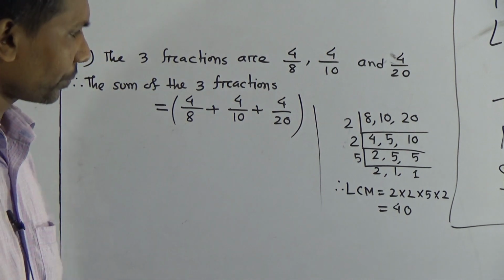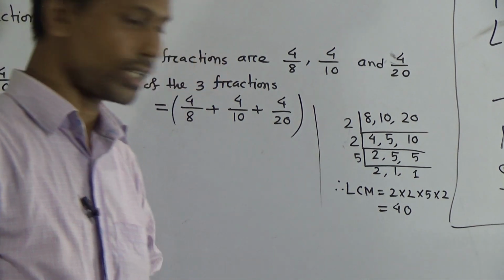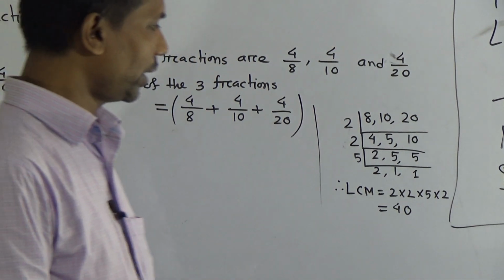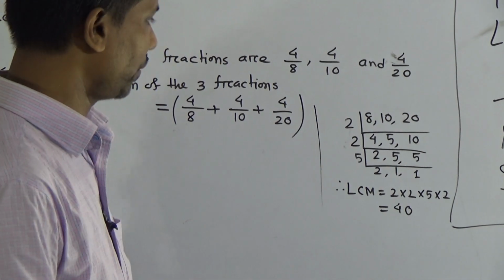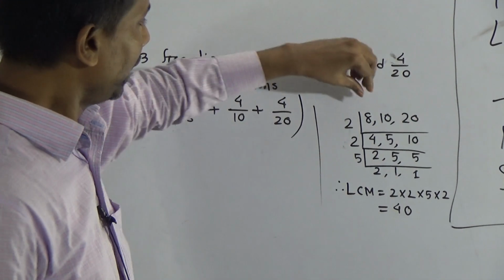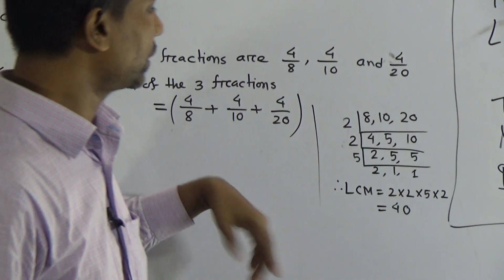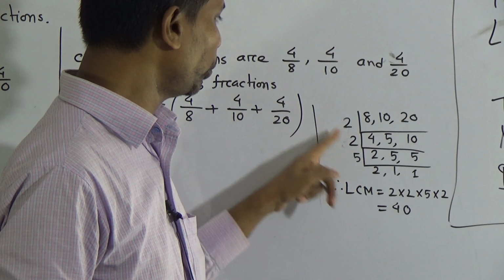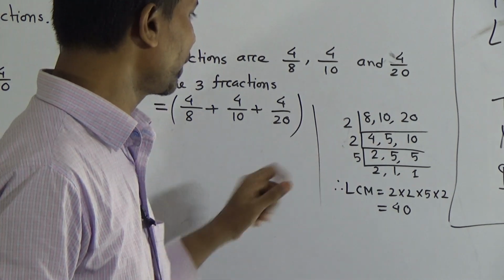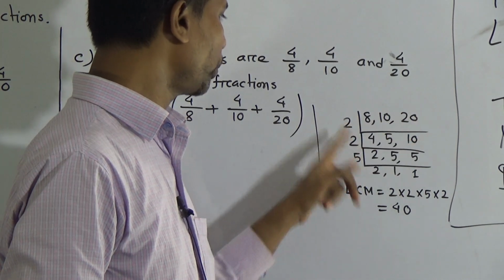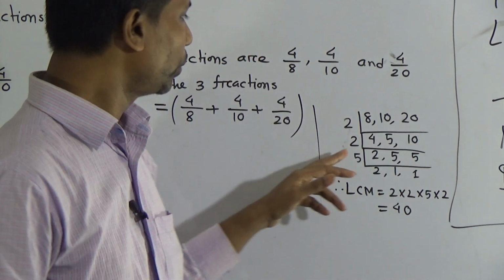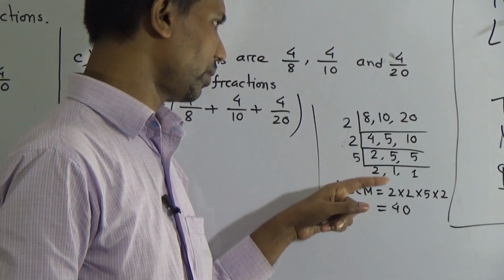Student, this is a big size LCM for you. So I will repeat again for your understanding. Look, if you divide 8 by 2, then we get 4. Similarly, if you divide 10 by 2, then we get 5. Now 20 by 2, then we get 10. Now 2 is the common factor.